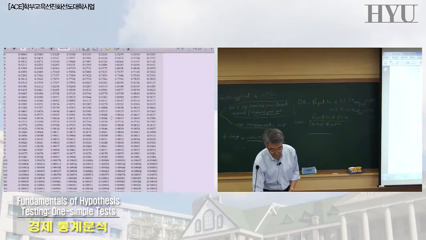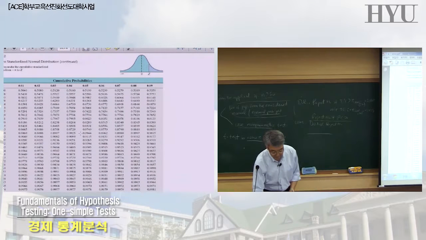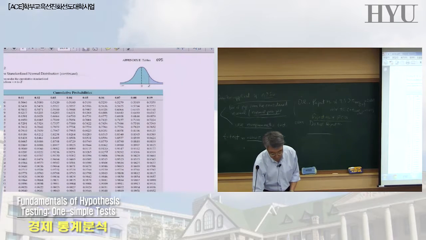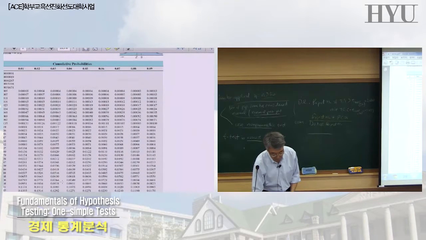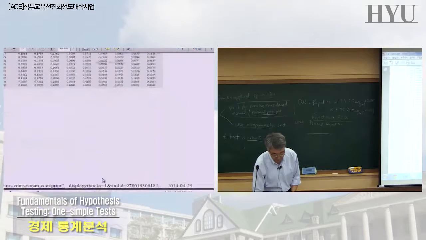If we were using the z-table, and 1.46 was here, the area outside 1.46 would be, well, to the left... actually, it's better to use the first table. For 1.46, it's 0.0721. So we can find the p-value from the z-table.